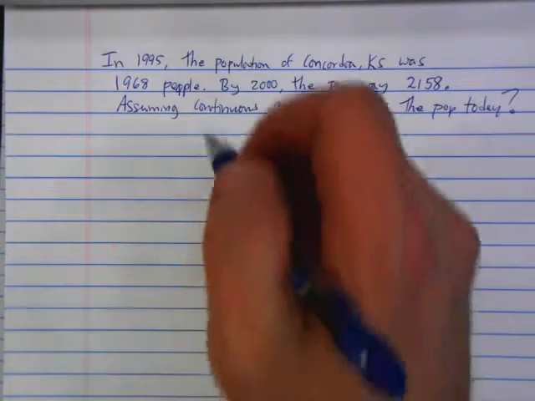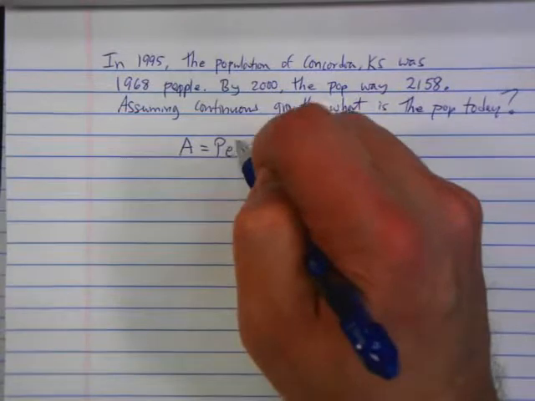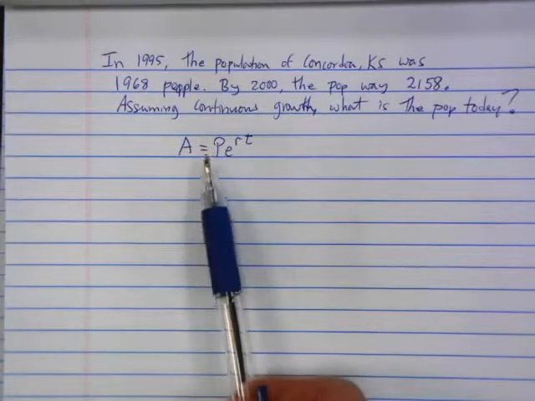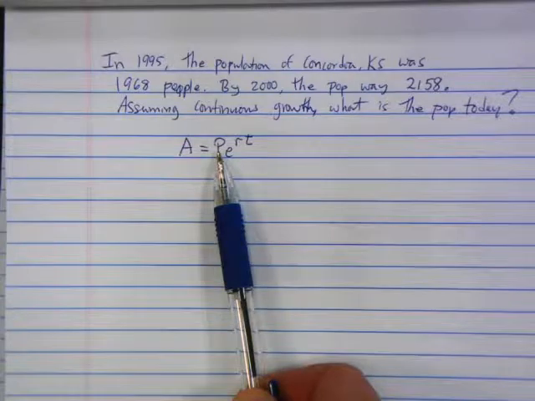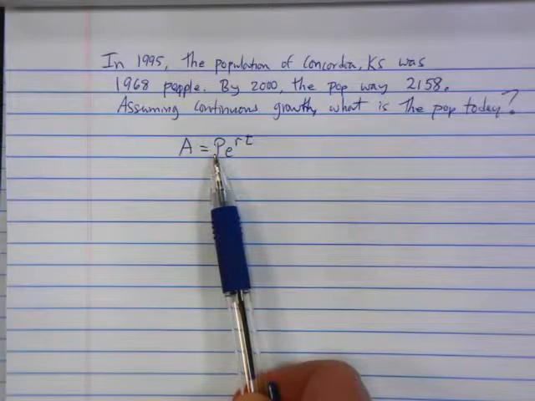All right, well, we use our standard formula, A equals P e to the rt. In this formula, what does P stand for? It's the initial population. Why is it the initial population?